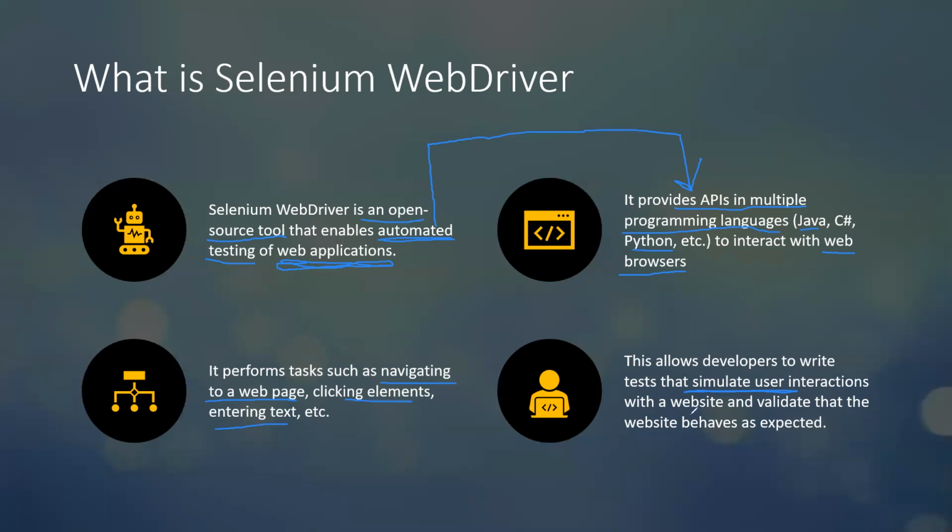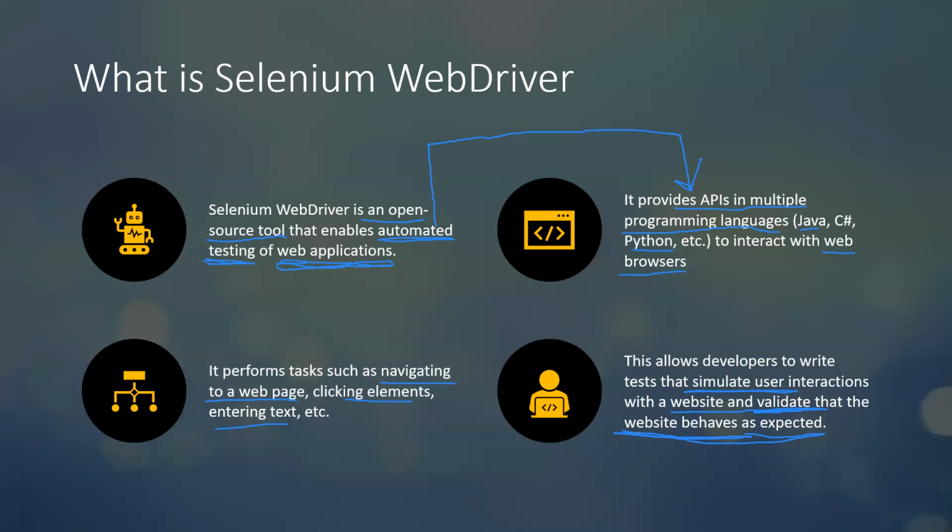Based on that information, you can create your test cases and validate if websites behave as expected or not, because we use this tool for testing only. Our end goal is to test if the application behaves the way it is expected. So in a nutshell, Selenium WebDriver is an automated testing tool, which is basically used for web applications. I hope it is clear now.